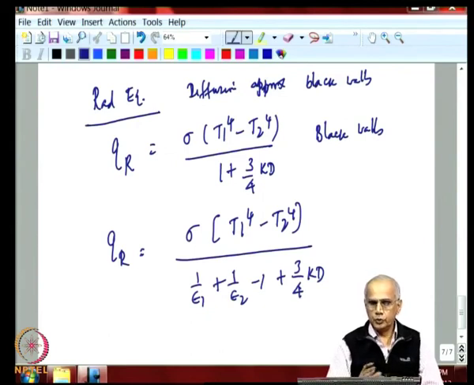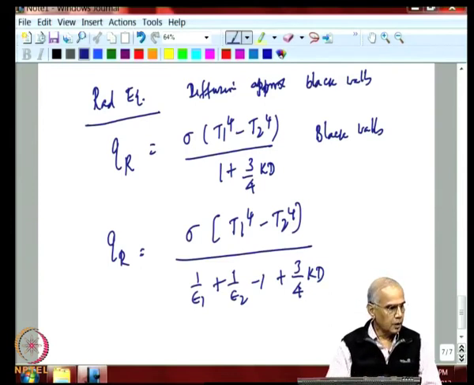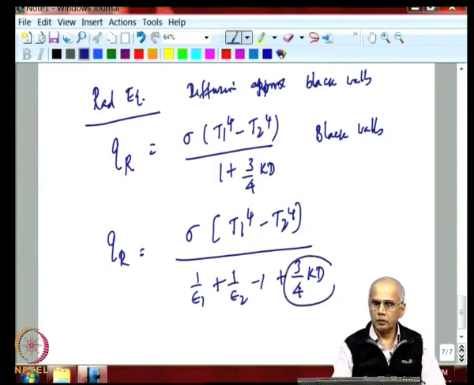So you see that you do see some similarities between the solution we have got today and the early solution. The key point to remember is that the term 3/4 kd, or 3/4 kappa naught, as we had called it earlier, was the term which was the contribution of gas vis-a-vis contribution of the surface.